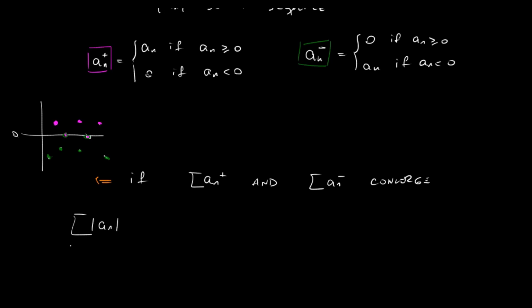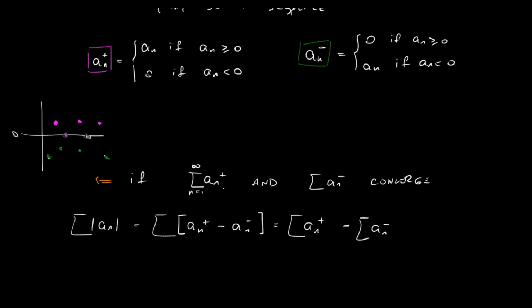Here I'm not putting all the extremes in the sum, but they are always from n equals 1 to infinity. This sum can be written as the positive terms stay positive, and then the negative terms with a minus sign. That way the negative terms are positive and they are adding up to the positive ones to form the absolute value. Now we can separate this into two sums, minus the sum with the negative terms.